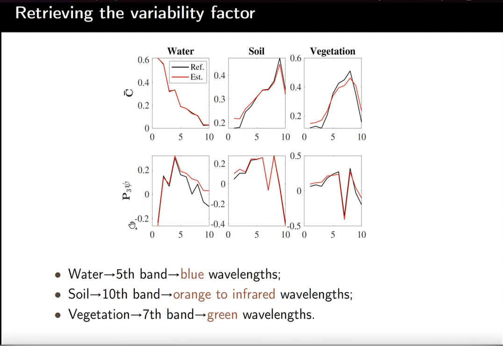In the second row of this plot, we can see that for the water material, the band corresponding to the blue wavelengths is the most impacted by variability, while for the soil and vegetation materials, the bands that are the most impacted are the orange to infrared wavelengths.